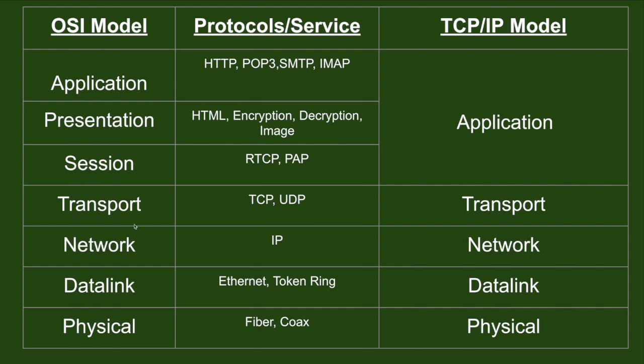Now from here on are the three most important layers. The first is the transport layer. The transport layer says, now I know this is the application I'm using, the protocol I use is HTTP, and I have the image or whatever content I want to download in a certain format. Now what is the protocol I'm going to use to transport this?